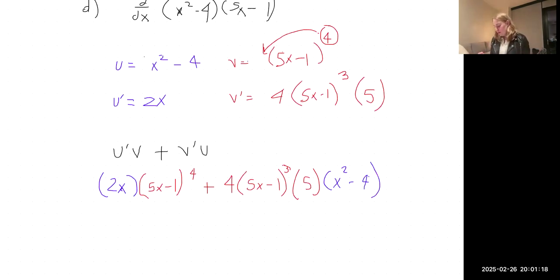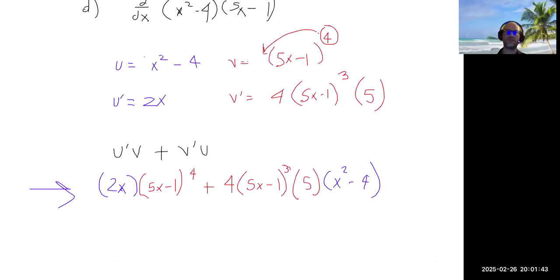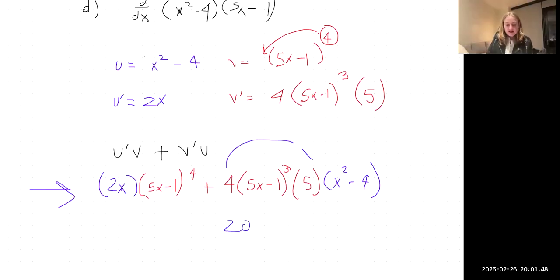Can I evaluate the left side of the plus before I deal with the other side? Probably I would leave it right here. The only thing I might do is multiply this 4 times the 5 and get 20. Yeah, that's how he left it, at 20 times 5x minus 1 cubed times x squared minus 4.